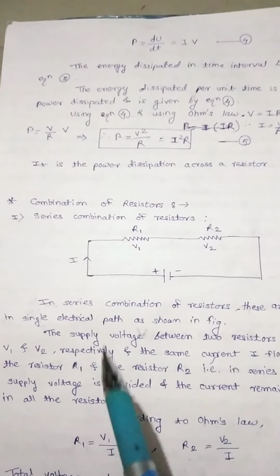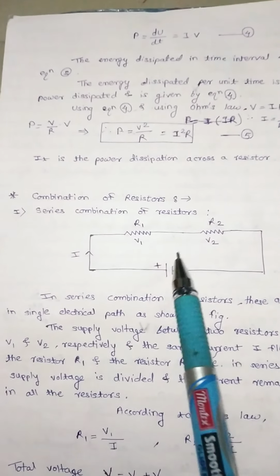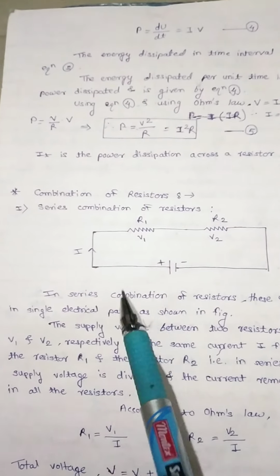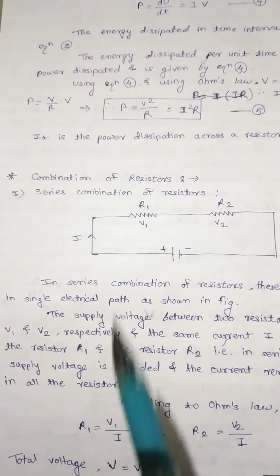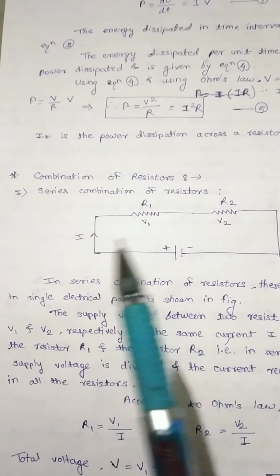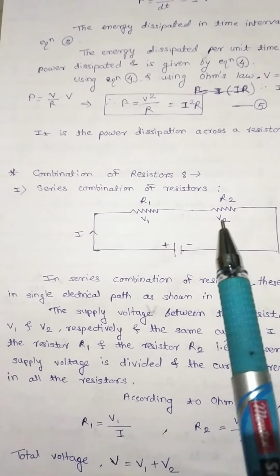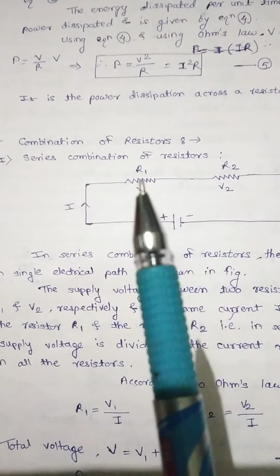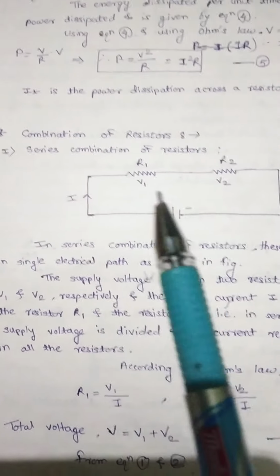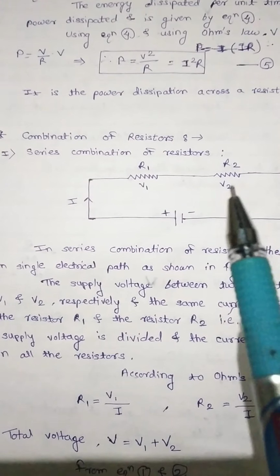सो अकॉर्डिंग टू ओम्स लॉ, we know that Ohm's law is V equal to IR. So according to Ohm's law, R1 is equal to V1 upon I and R2 is equal to V2 upon I. Now total voltage V is equal to V1 plus V2.